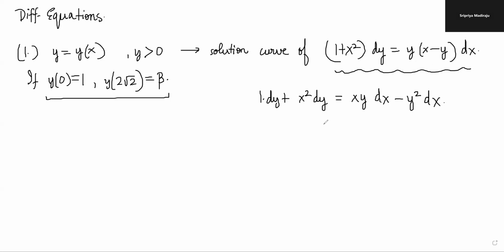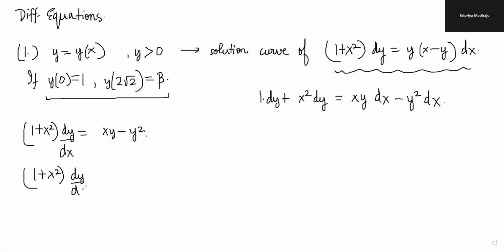Or you can try writing (1 plus x square) dy by dx is equal to xy minus y square. Both methods are possible. We don't know which one will work, so we'll try them.